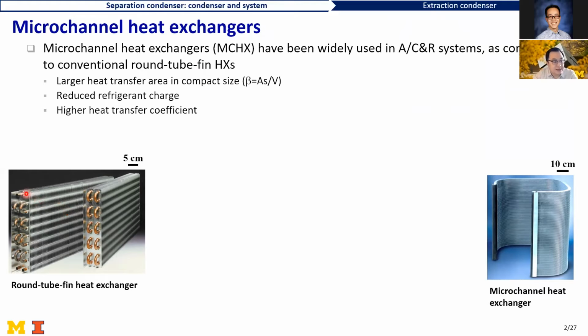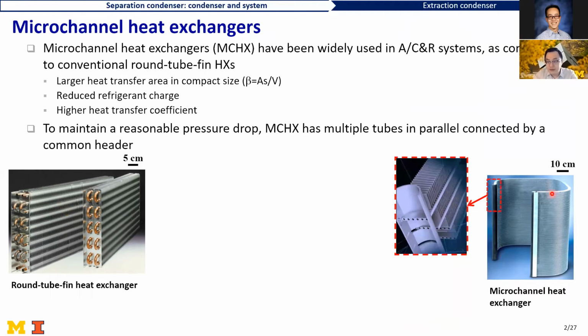Basically, we can see the copper tubes. They are in round shape. On the right, we see a microchannel heat exchanger. The tube is revised to a flat shape, and inside one tube, there are multiple microchannel ports, which have a hydraulic diameter on the order of 0.1 millimeter to 1 millimeter.